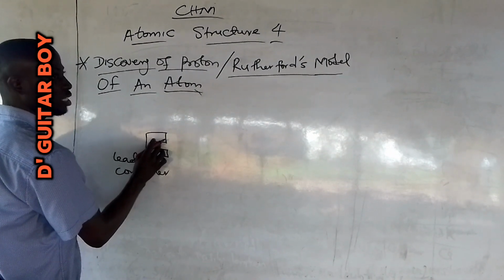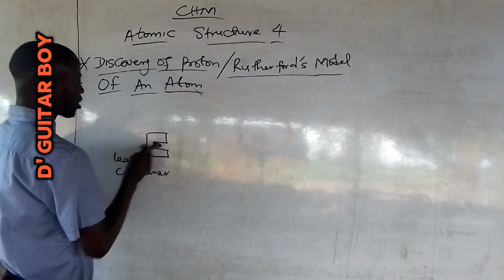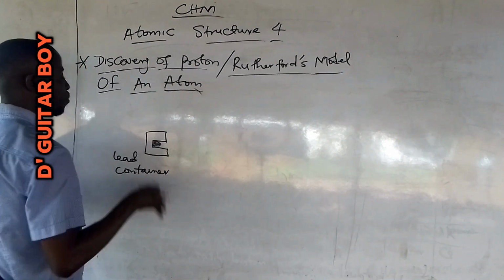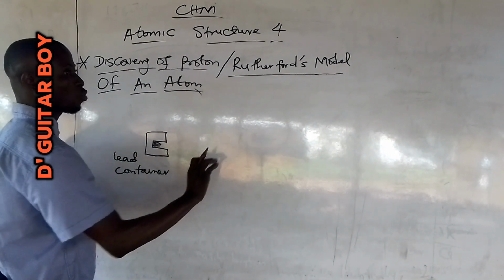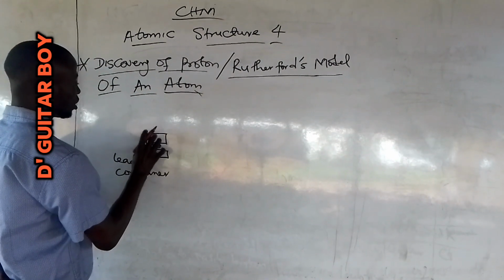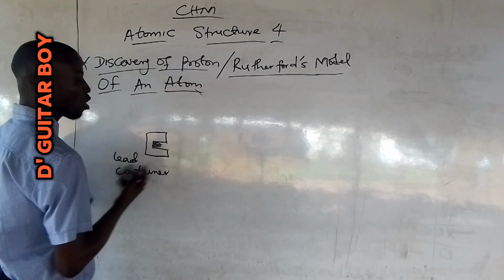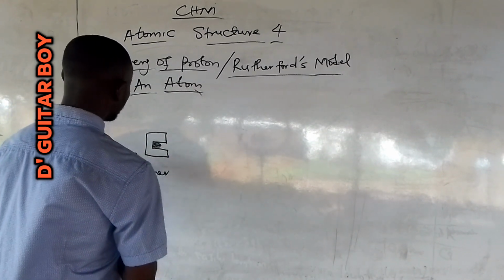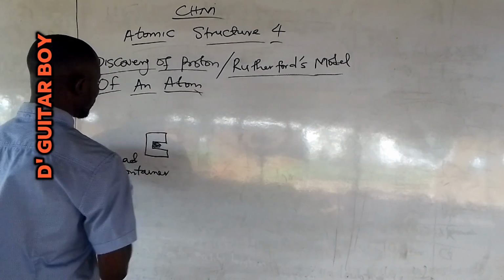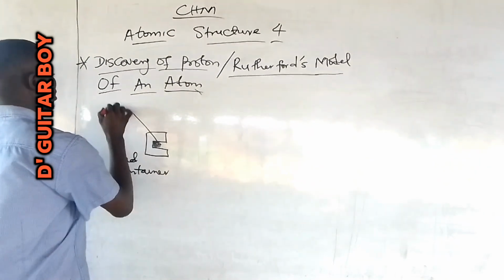In this lead container, there is a radioactive substance, so that the substance will not emit rays from all angles, but will go in the required direction. That's the essence of using this, because if you use some other material, the particles will still come out of it. So they use this lead container, and they put the radioactive substance inside.